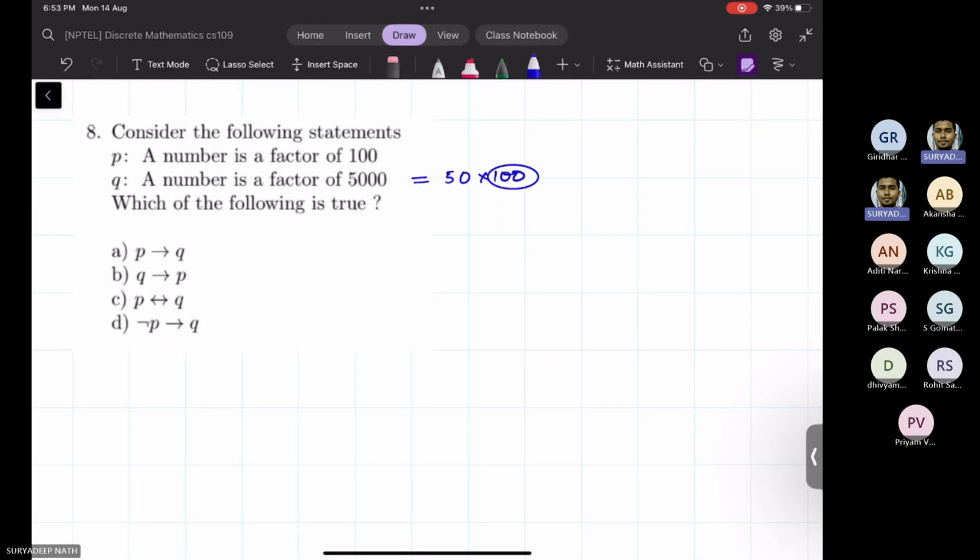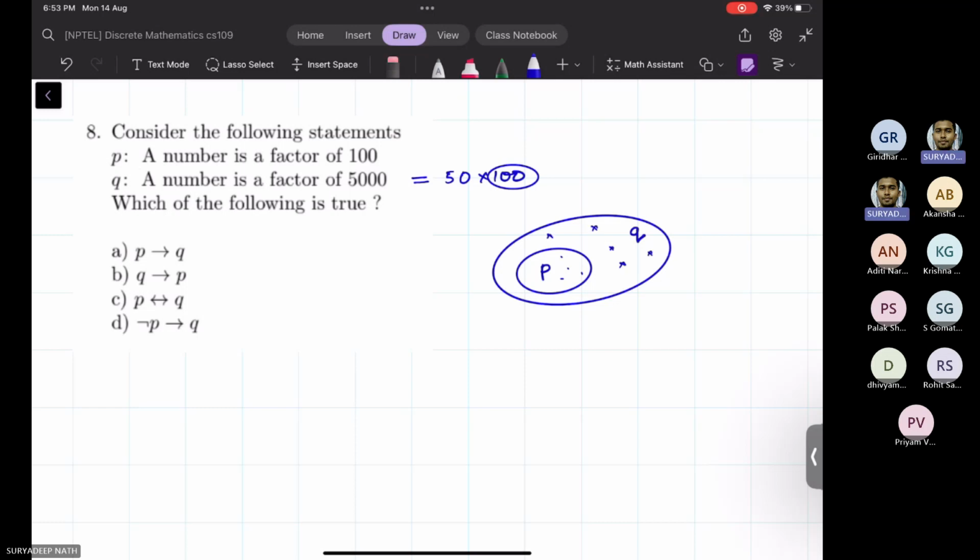So we have this set P, the factors of 100, and the set Q would be the larger set, so the factors of 100 are within P and the factors of 5,000 are within Q.